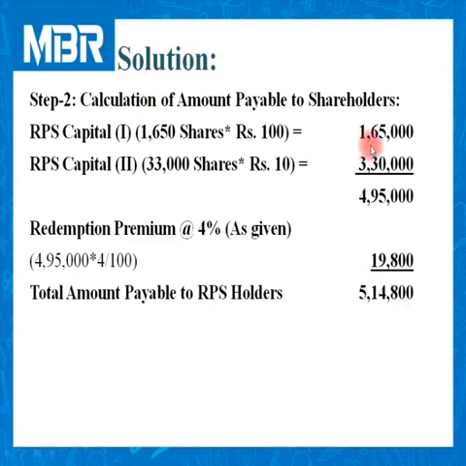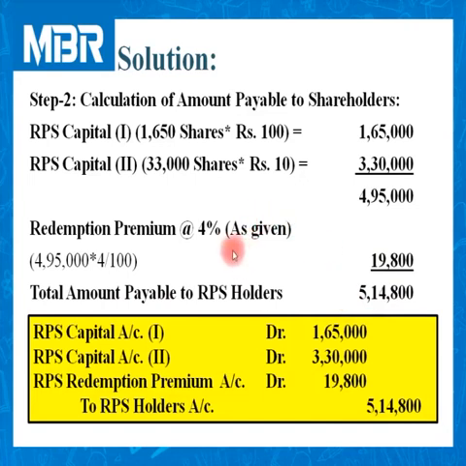We need to pay 1,65,000 to the holders of RPS 1, 3,30,000 to RPS 2, and in all a premium of 19,800 to both the types of preference shares. So total amount payable by the company on the occasion of redemption of RPS is rupees 5,14,800.